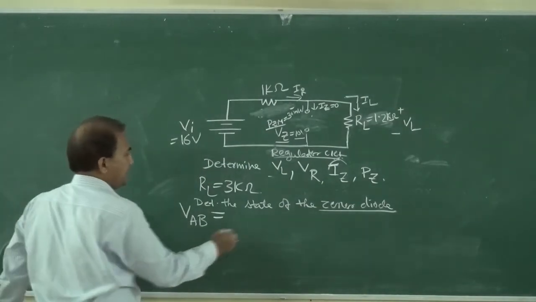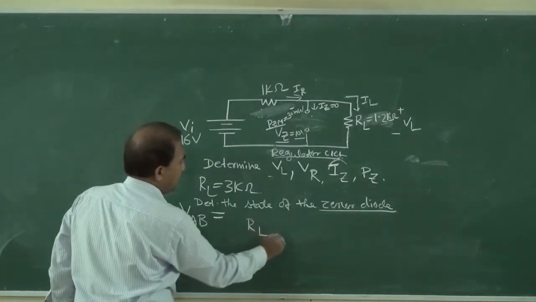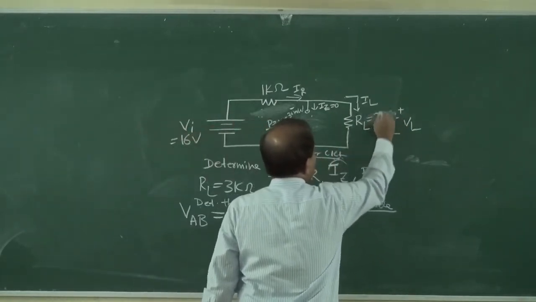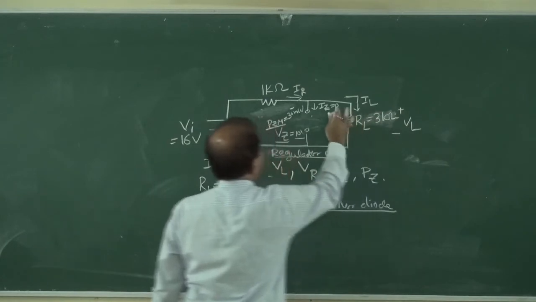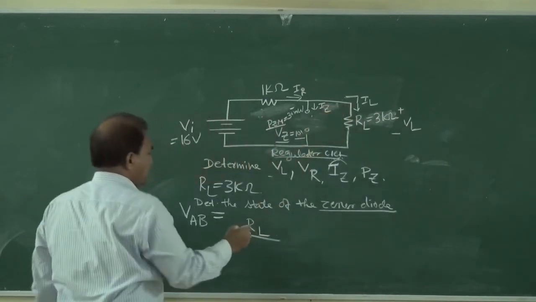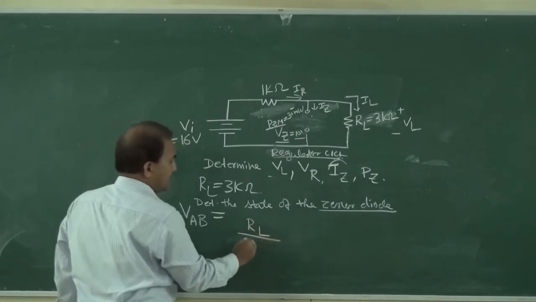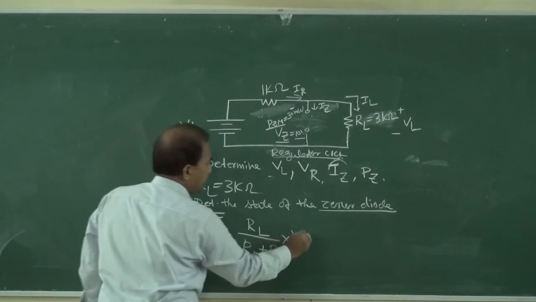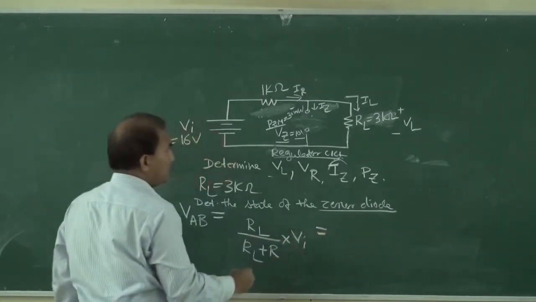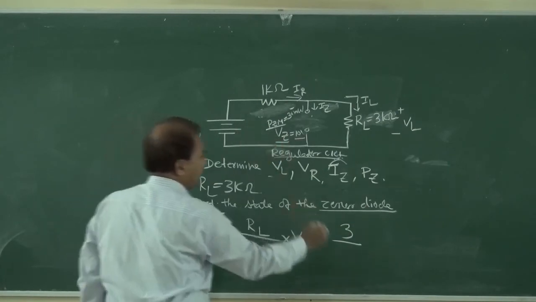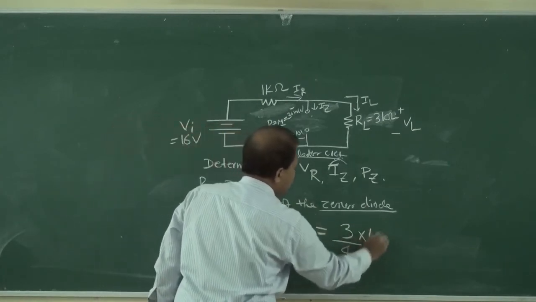So VAB is equal to RL divided by RL plus R, into this VI, where RL is equal to 3 kilo ohm. So it is equal to 3 divided by 3 plus 1, that is 4, into 16.